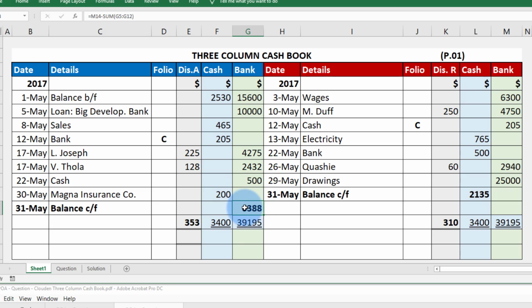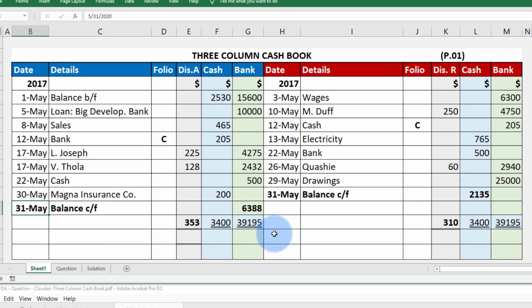The balance carried forward on the bank is on the debit side, but that's not the true balance. In that, the true balance is the balance brought forward. So it means we have one more step. This was May 31st.